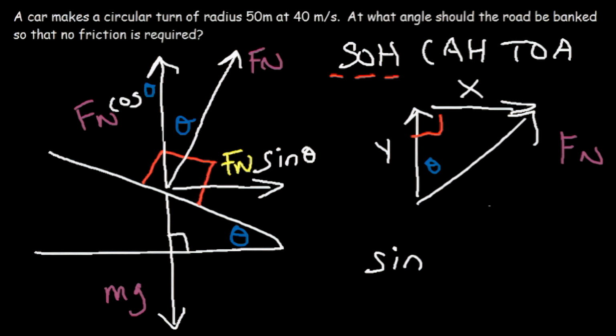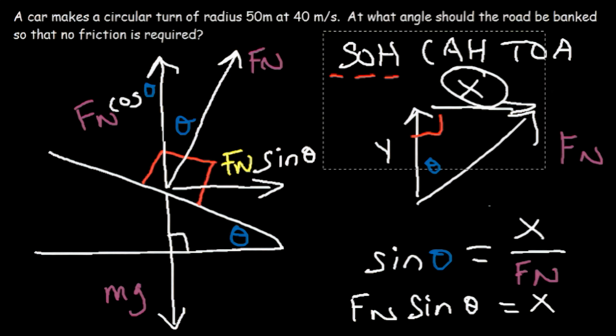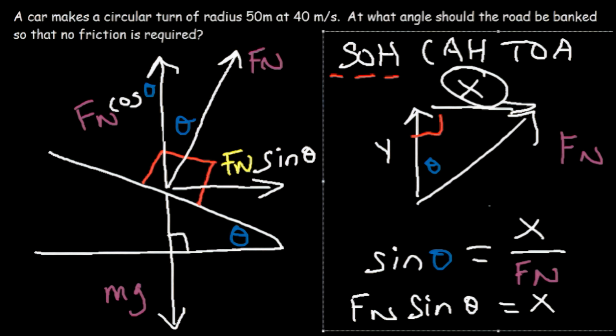So sine theta is equal to the opposite side, which is x, divided by the hypotenuse, which is the normal force. So if we multiply both sides by the normal force, we can see that the normal force times sine theta is equal to the horizontal side, which we have here. So now you know where those equations come from, just in case you had any doubt.